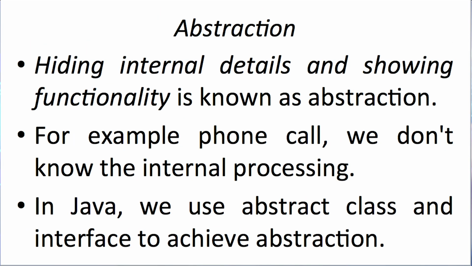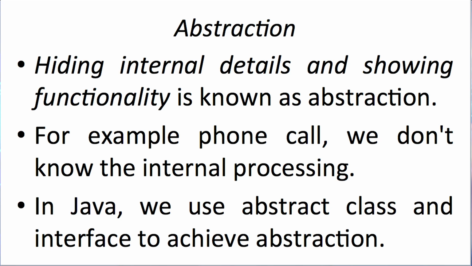Abstraction is also a very important term in Java programming. Hiding internal detail and showing the functionality is known as abstraction. Java is a very safe and secure language, so we have to hide the functionality of the program, and that is done by abstraction.